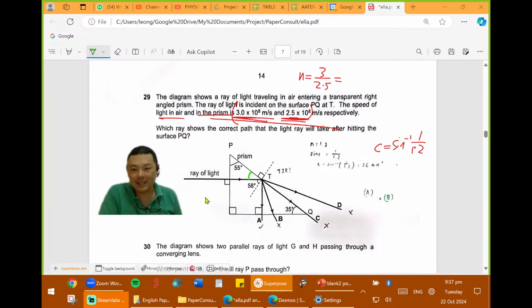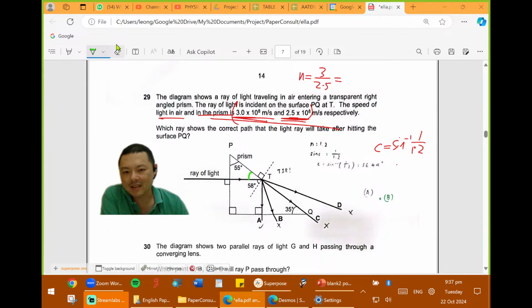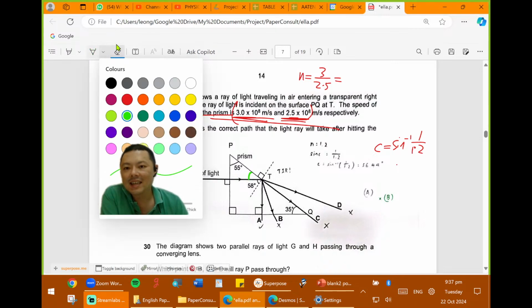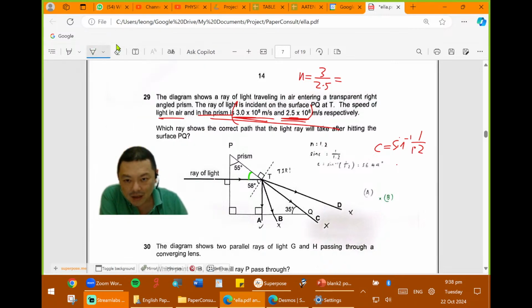What they should have done is not be lazy, and just not draw the outside here. Inside here, just draw another light ray that doesn't look like a horizontal one.